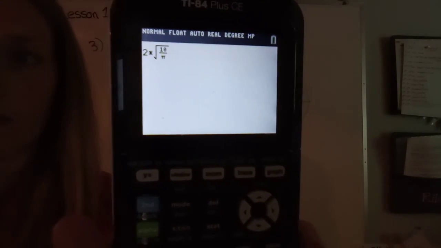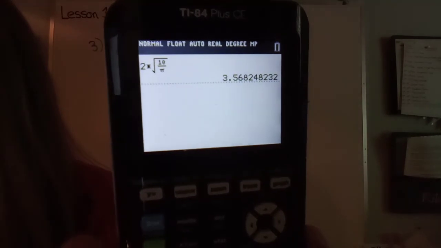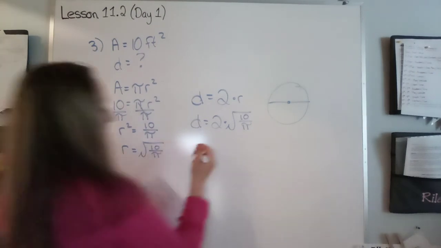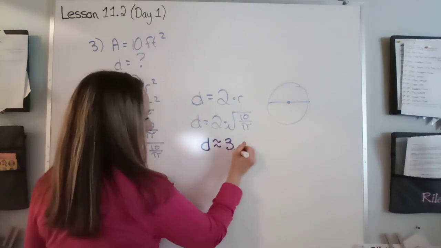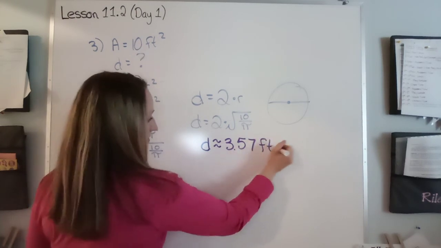Now that's going to be correct. And you get approximately 3.57. We'll round to 2 decimal places. So the diameter is approximately 3.57 feet. Units are feet.